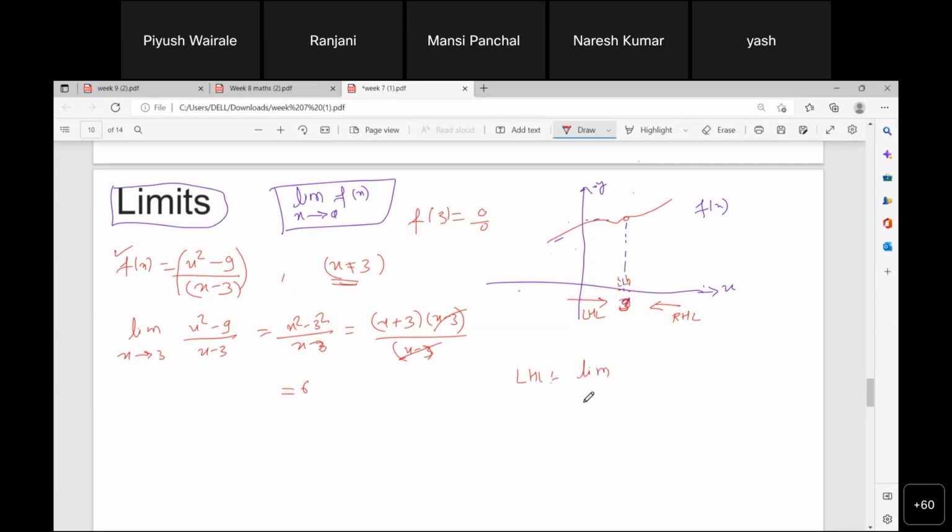So limit h tends to 0 of f of a minus h, right?